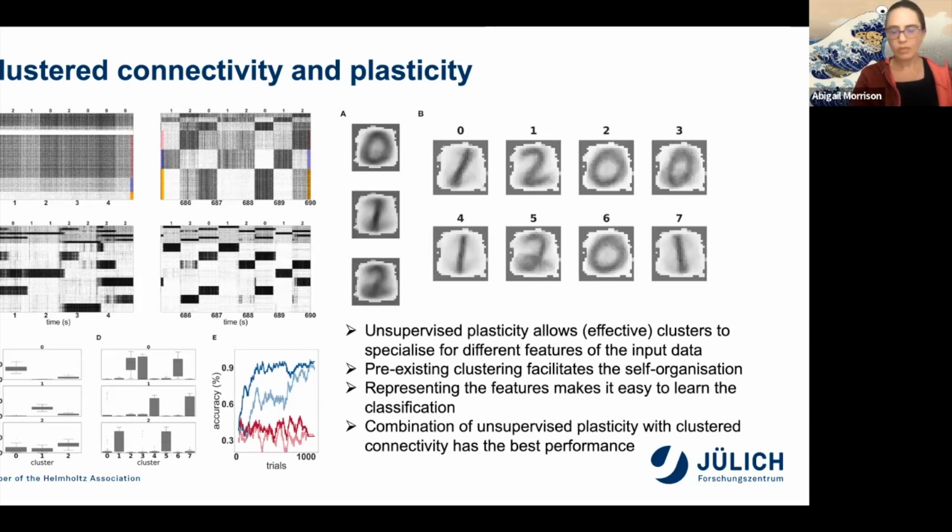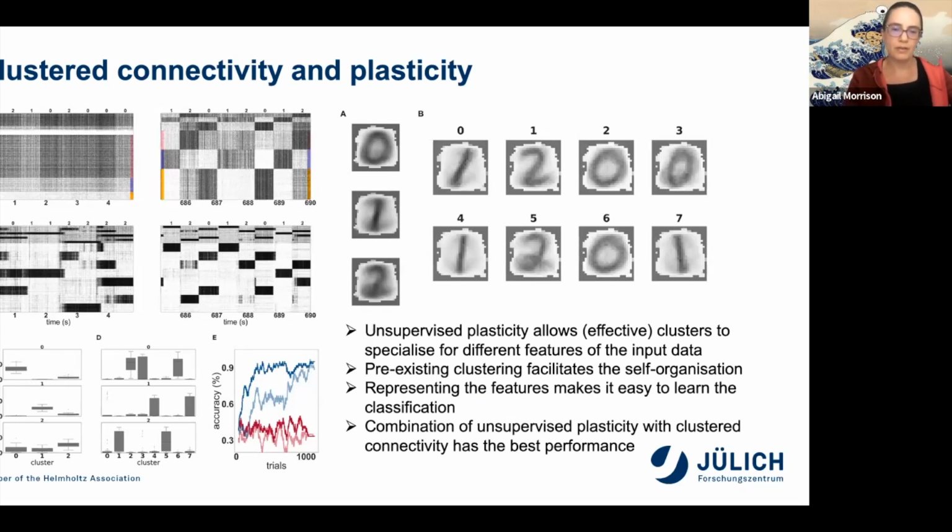And the interesting thing here is that if we now look at what these clusters have learned, you can see they've specialized for particular features of the input. So the cluster 0 has specialized for ones that are tilted to the right, and 7 has specialized for ones that are tilted to the left, which means that the input can be broken down into more easily recognizable subclasses, which of course increases the ability of the network to classify it.